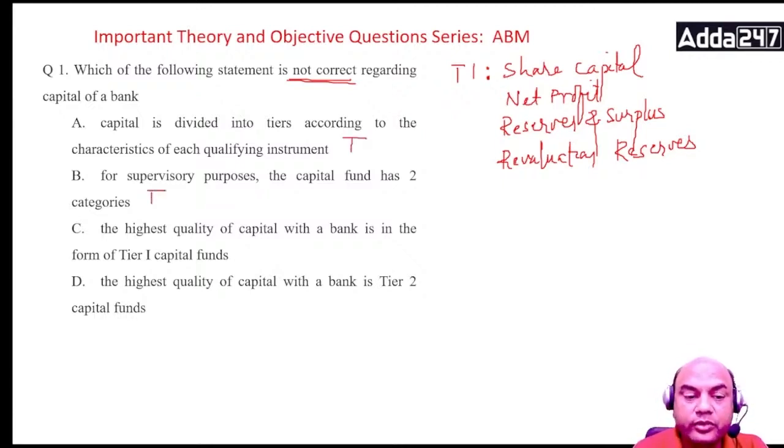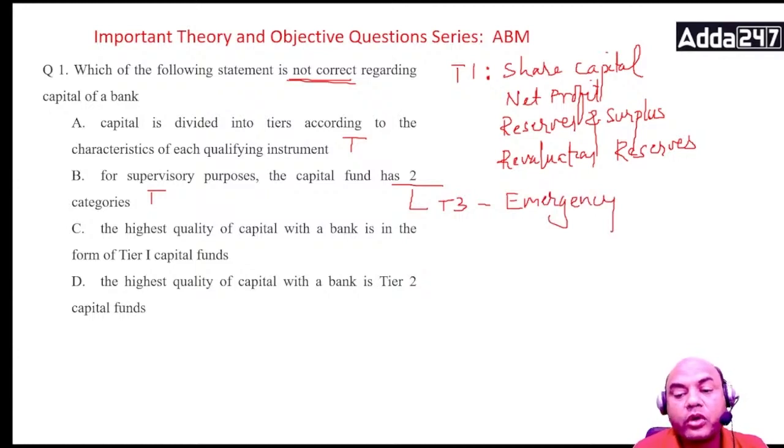Somebody might say there are three categories, with Tier 3 capital, but Tier 3 capital is an emergency capital. It is not a regular capital. It is taken into account only in an emergency, not on a regular basis.